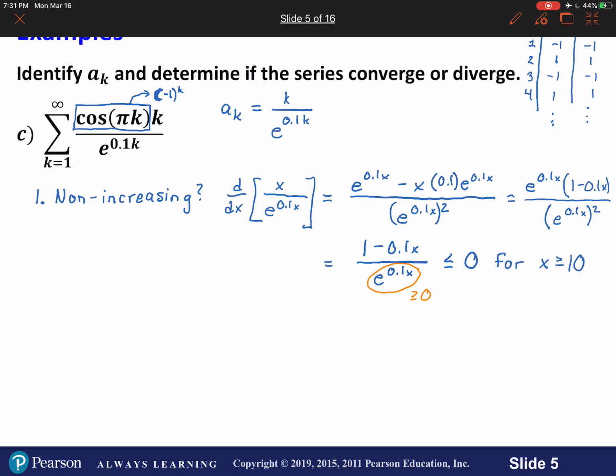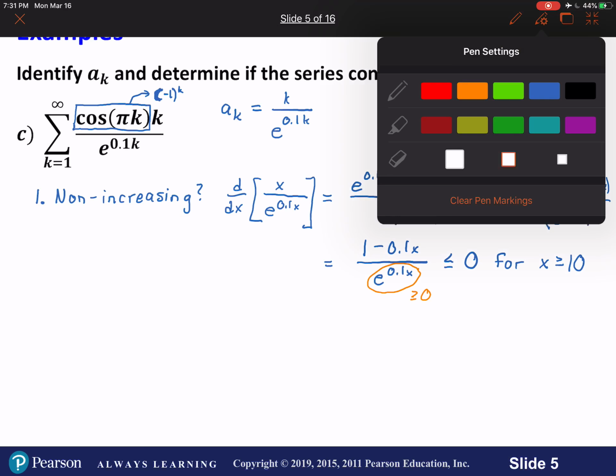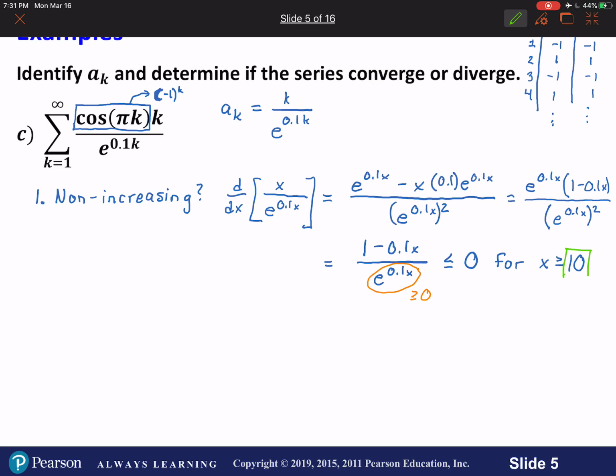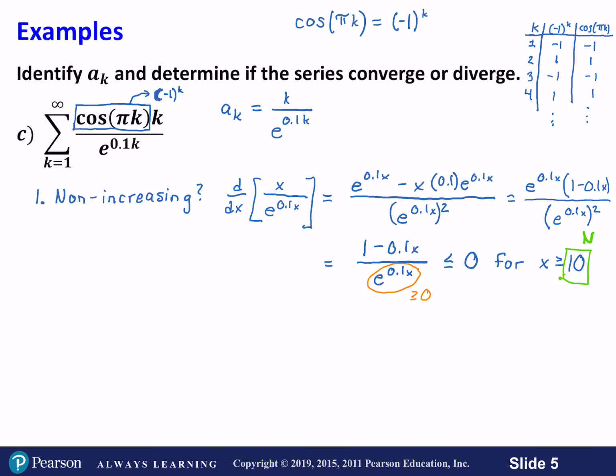And that indicates that this 10 is my capital N that I was talking about earlier. The series increases up to some point, but after k equals 10, it will always be decreasing. And so yes, it is non-increasing after k equals 10.